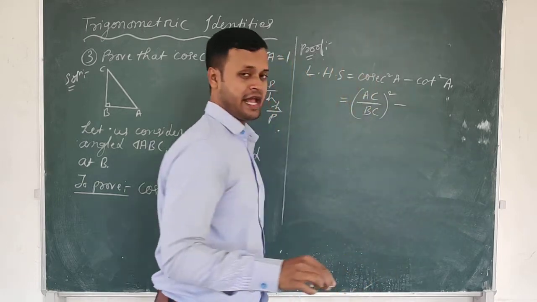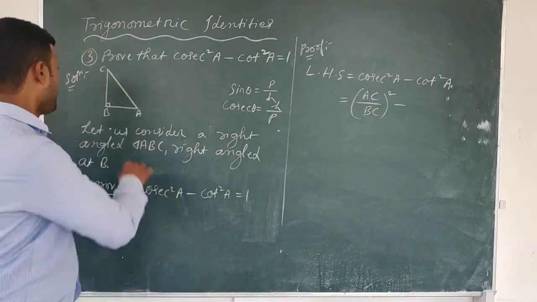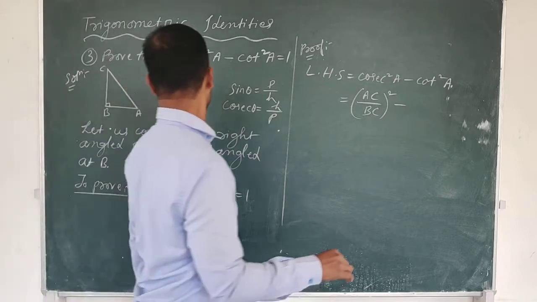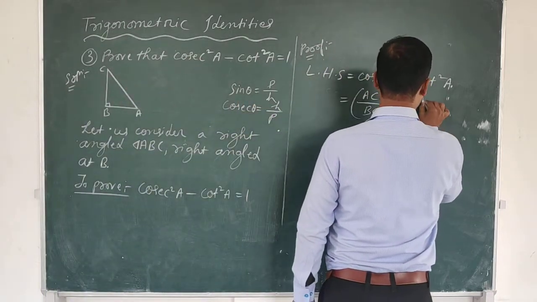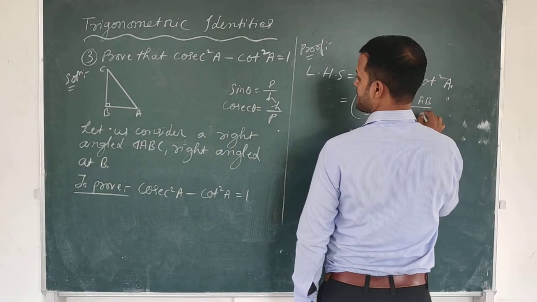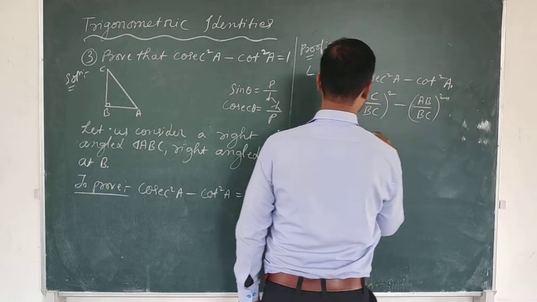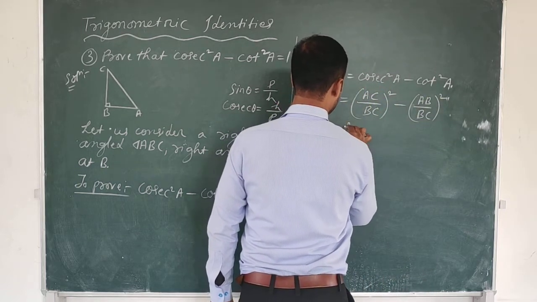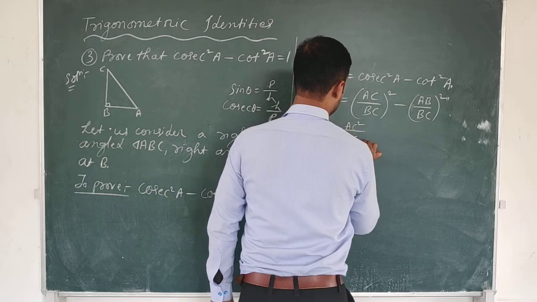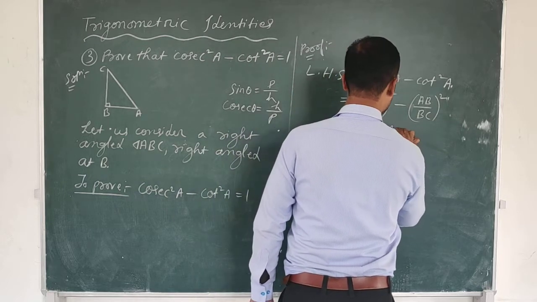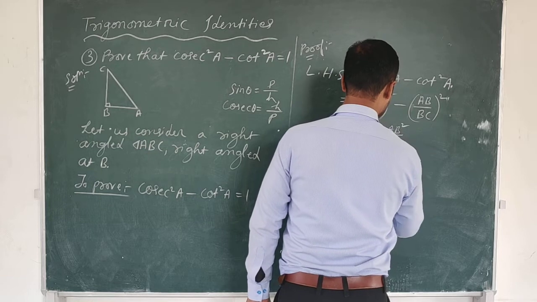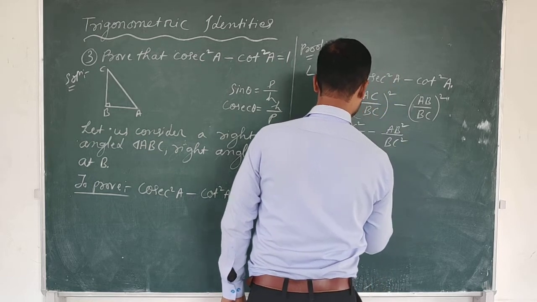And tan means p by b, so cot will be b by p, AB by BC. This will be AC square by BC square minus AB square by BC square.